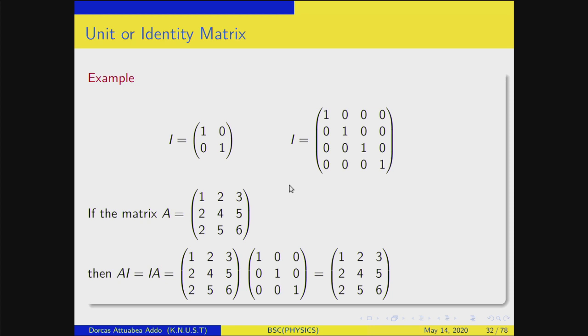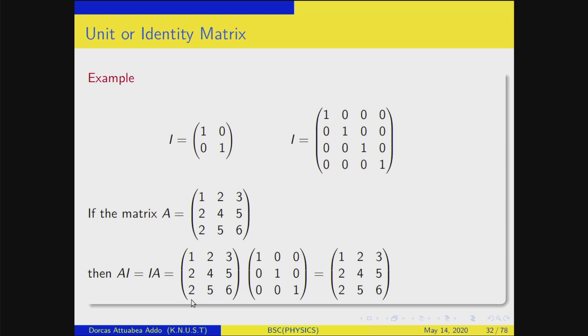So I have 2 times 1 plus 5 times 0 plus 6 times 0, I have 2. If I come to the second, I have 2 times 0 plus 5 times 1 plus 6 times 0. Then you do the same thing for the third row, and you realize that you are going to get what? The same matrix back.